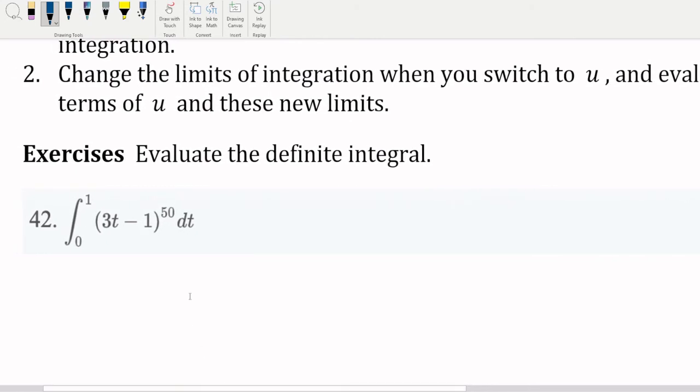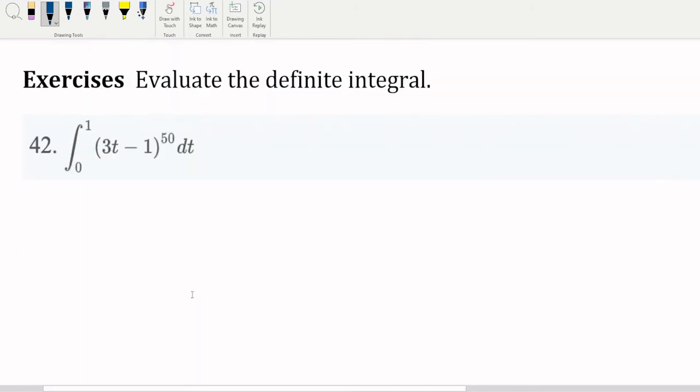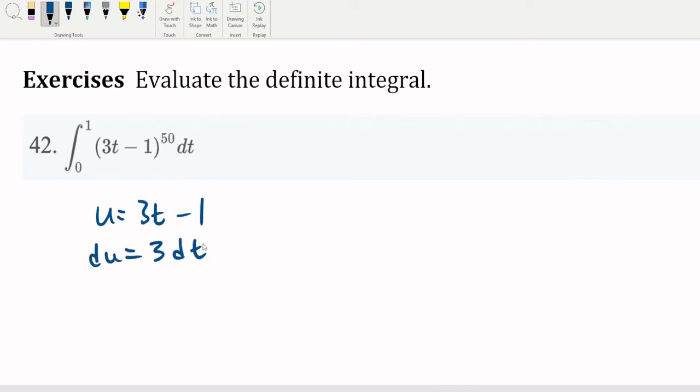All right. Okay, so we're going to treat this to start like it's just from before. Find a function inside another. So, okay, I see really only one thing here: this inside to the 50th. So let's let u equal 3t minus 1. du is 3 dt. I don't have a 3 out here, so we know we can get rid of that.